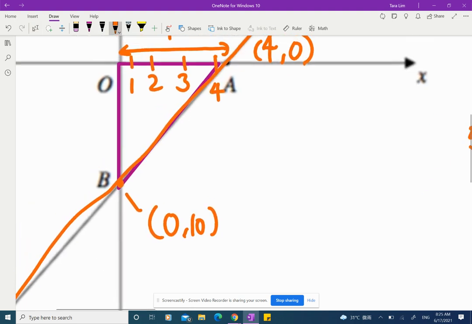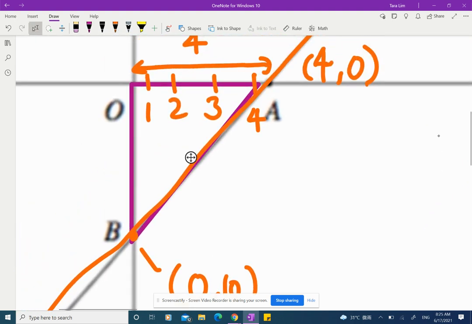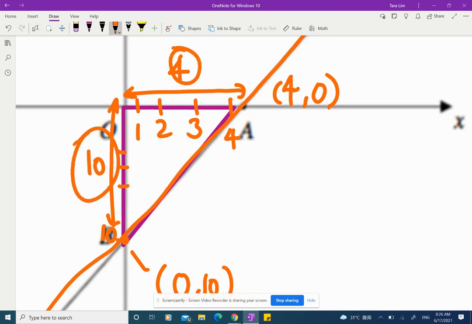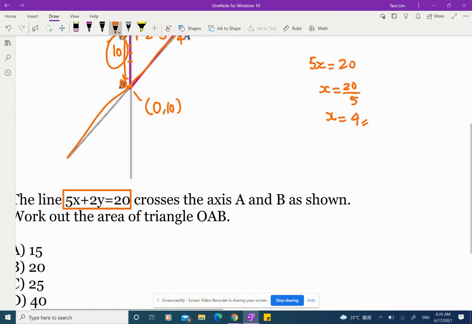The y coordinate is 10, and from 0 all the way to 10 is 10. So the length of this is 10 and the length of this is 4. Keep in mind that these two are important.